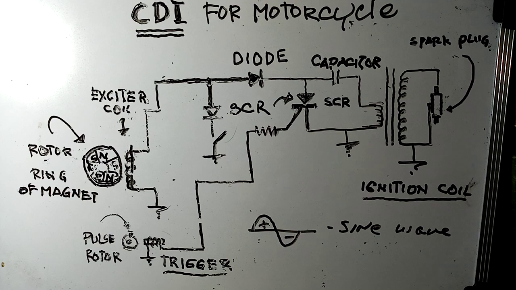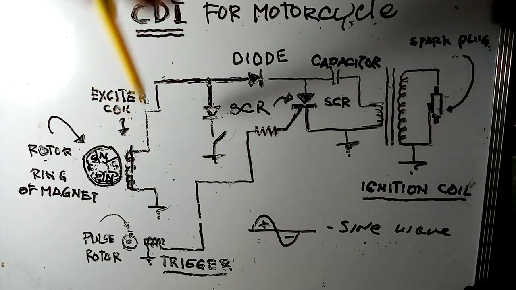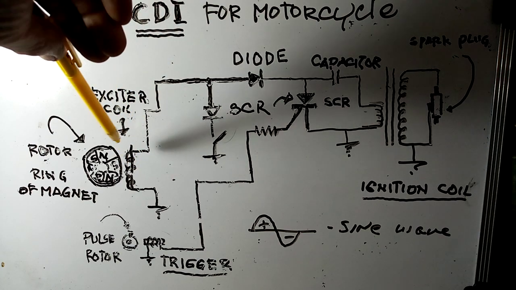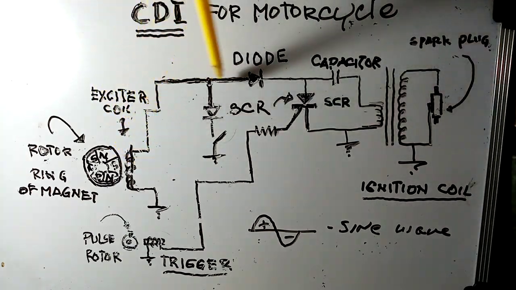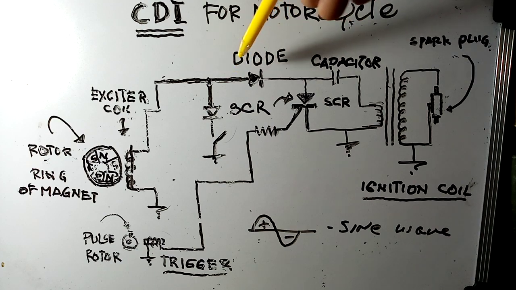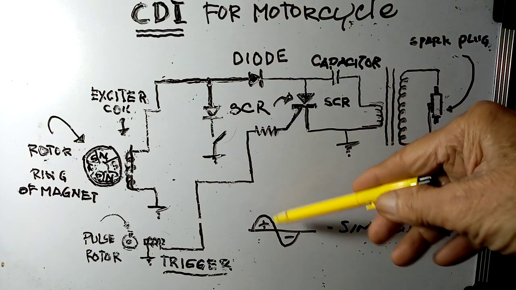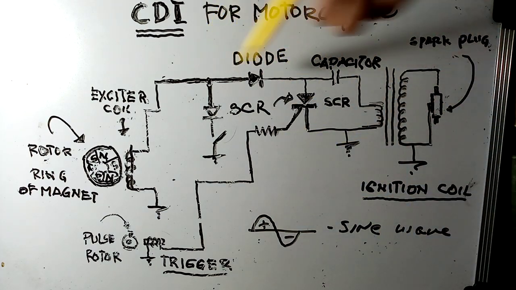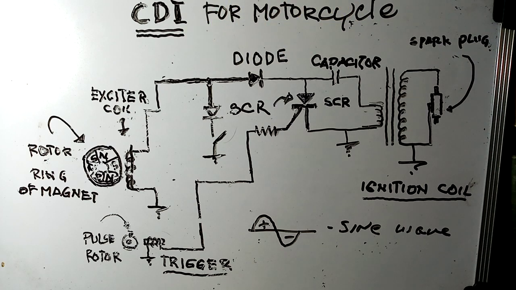So the exciter coil, when it receives magnetic lines of force here, will convert them into a voltage. So when it is positive, it will flow into the diode. Like I said, if the anode receives the positive side of the sinusoidal wave, it will be forward biased.